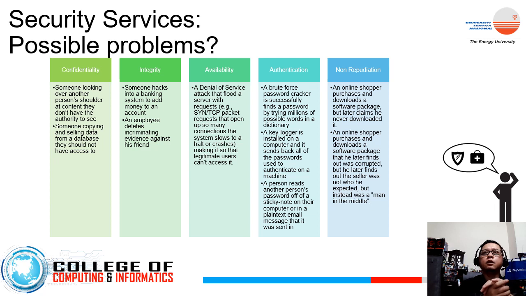And then non-repudiation. For example, an online shopper purchases and downloads a software package, but later claims he never downloaded it. Non-repudiation means that someone wants to be released from the responsibility. So how can you ensure that every action can be tied to a person?